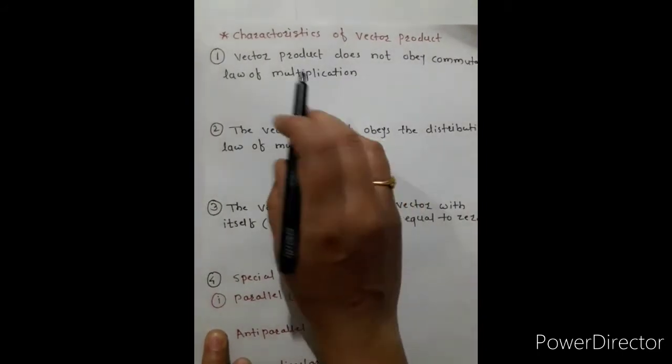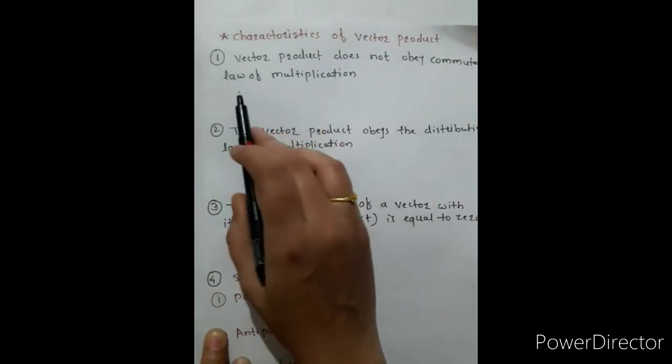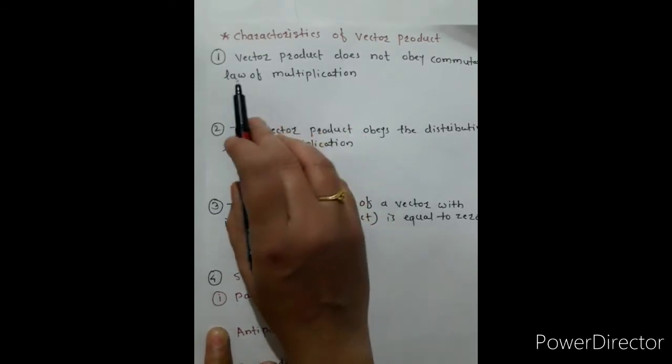Now what are the characteristics of vector product? There are a total of 6 characteristics.